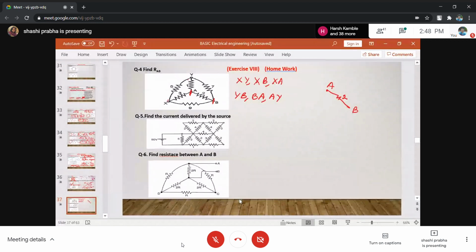So which three branches you will be losing? These three you will be losing. Which three you are gaining? One you are getting across YB, मतलब one extra you will get here. BA, one you will get here, and AY, one you will get here.